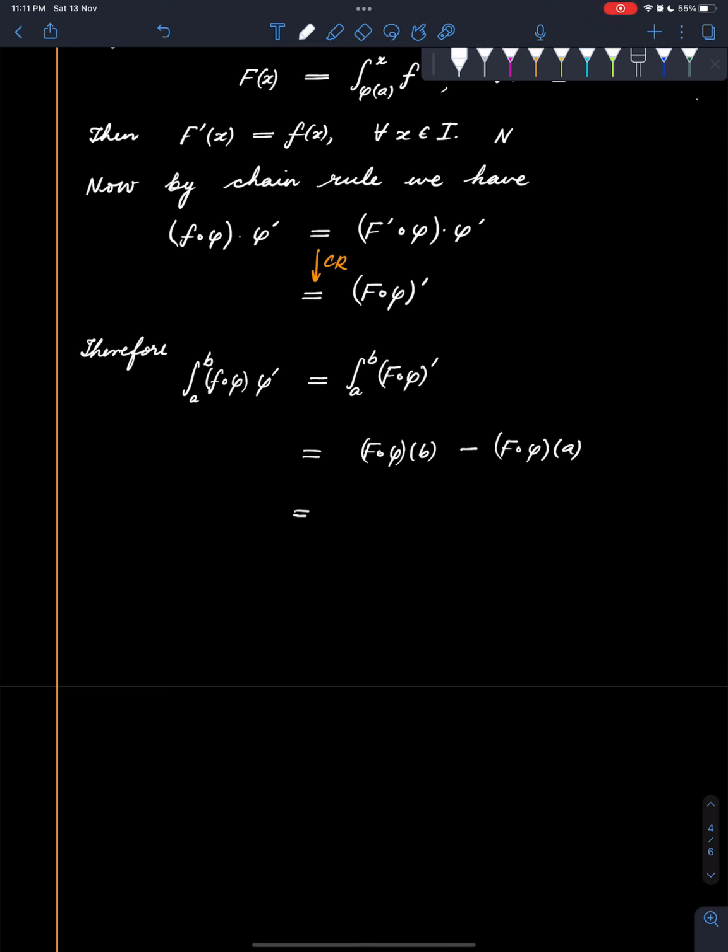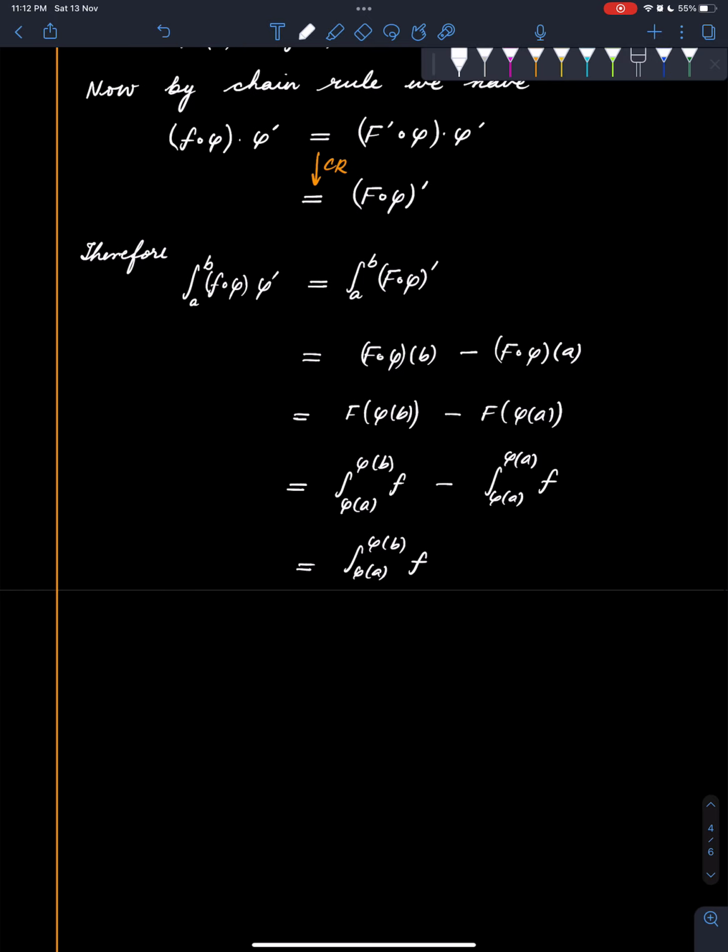By definition of capital F, let me write one more step, this is the integral from phi a to phi b of f minus the integral from phi a to phi a of f. But the second one is of course 0, so this is nothing but the integral from phi a to phi b of f. And that proves our claim.